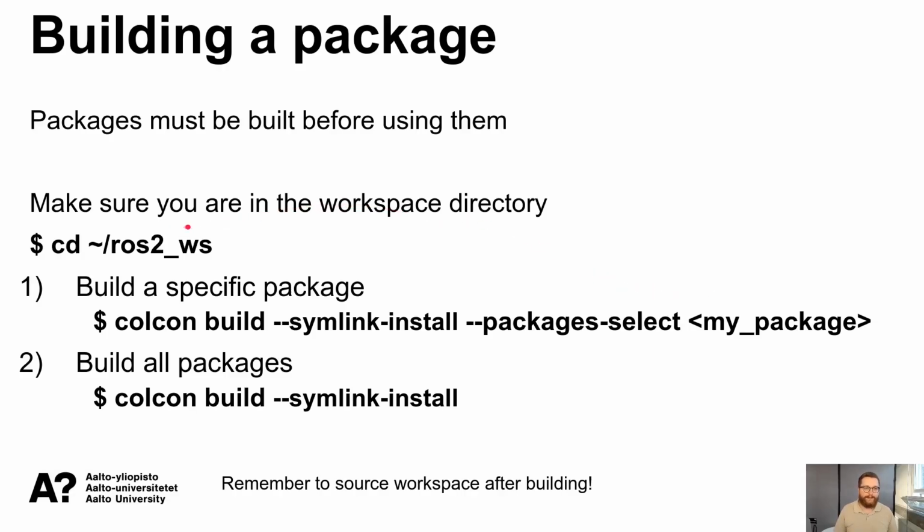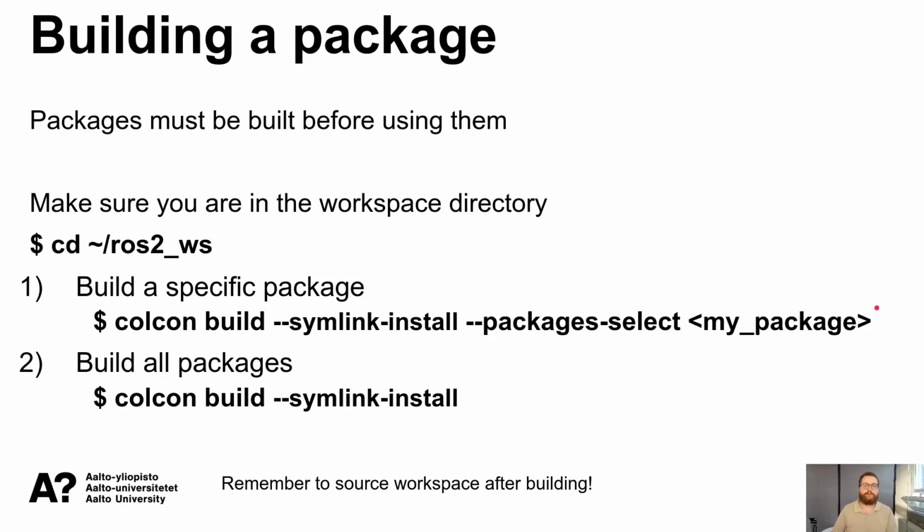But how to build packages? You have to change your folder in the terminal into your main workspace directory, and there you can build a specific package with this command. This is what we used to also build the workspace, with the addition of the packages-select argument, where you insert the name of your package.